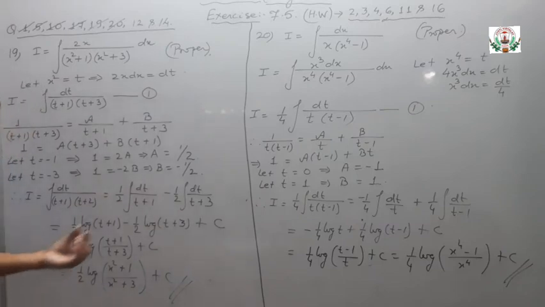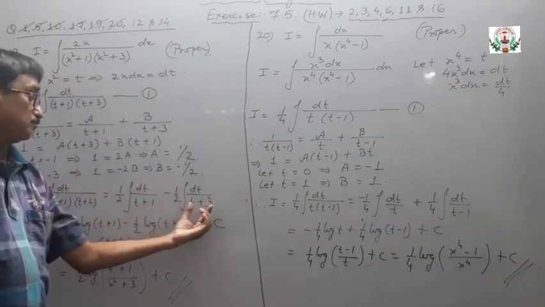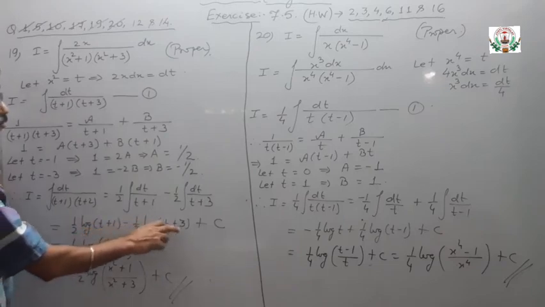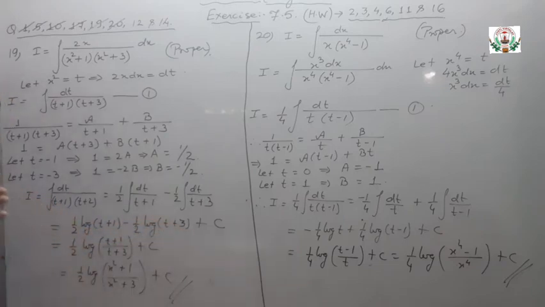In the same way, we will get the integration of dt upon (t plus 3) as log (t plus 3). So 1 by 2 I have taken common, giving log (t plus 1) minus log (t plus 3). Since log m minus log n is log m by n, we get 1 by 2 log of (t plus 1) upon (t plus 3) plus c.